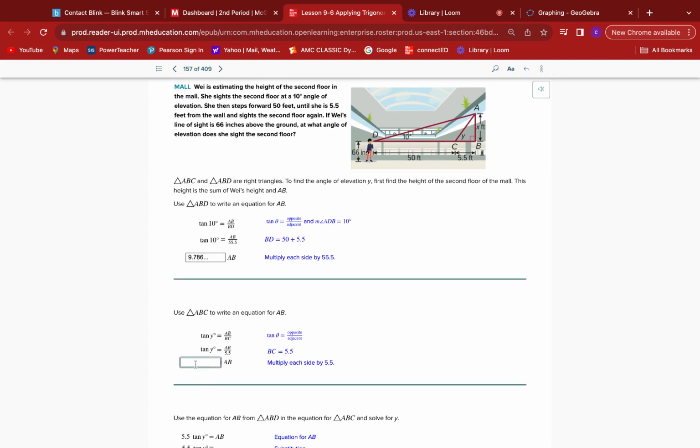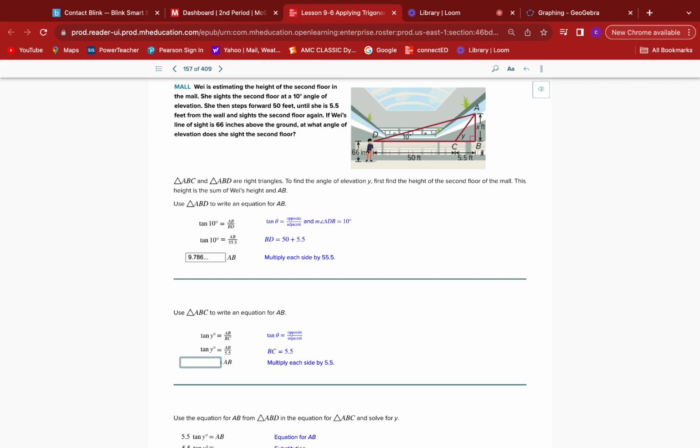Everybody get your calculator and do inverse tangent. That is your tangent to the -1. So depending on what kind of calculator you have as to what you do. I have a green second button, and then I'm going to hit tangent, which pulls up my inverse tangent. Some of you may have a yellow shift key before you hit tangent to pull up your inverse tangent.